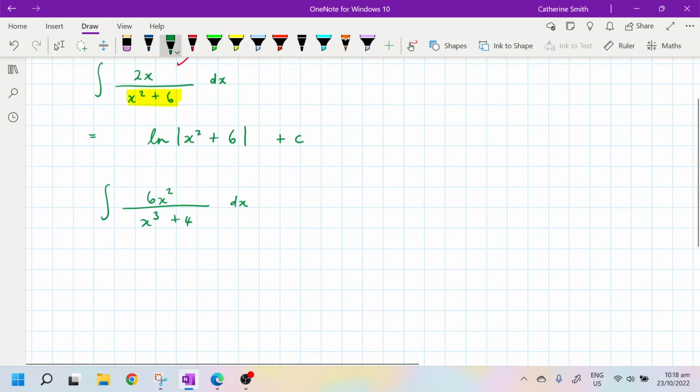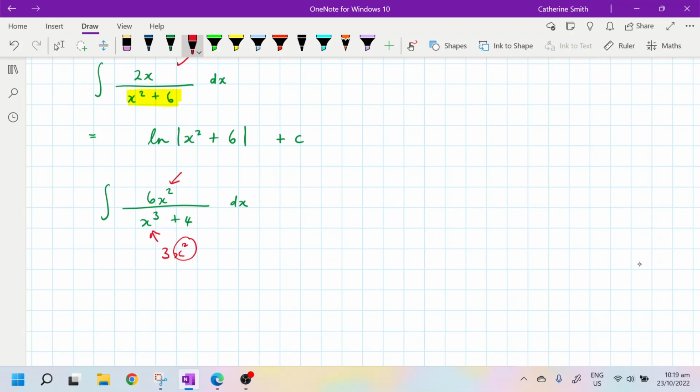Now when we ask our question, is the top line the differentiation of the bottom line? Yes, it is, because we get a 3x squared when we differentiate this. And so you can see that the powers of x line up. So we've got the right power, and all we have to do is make an adjustment with a constant.